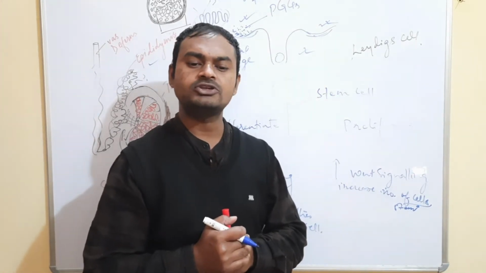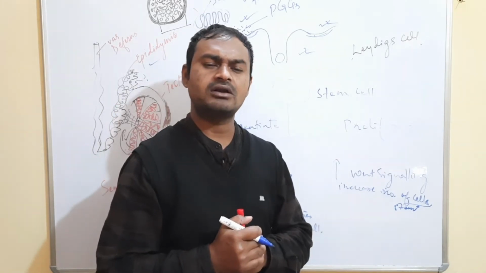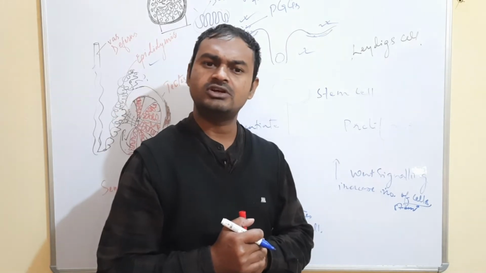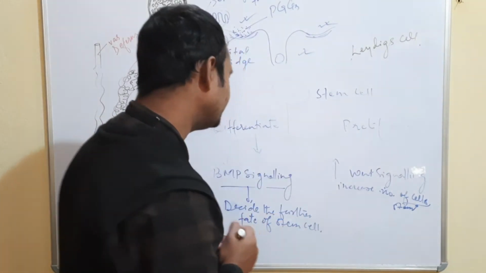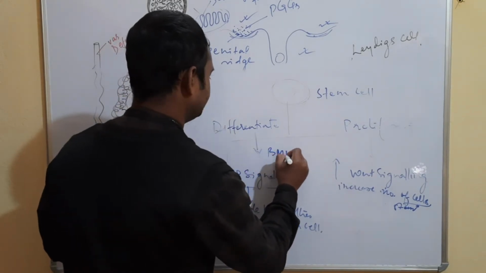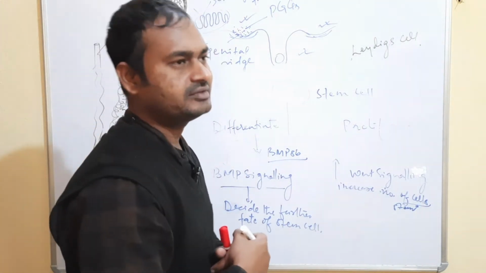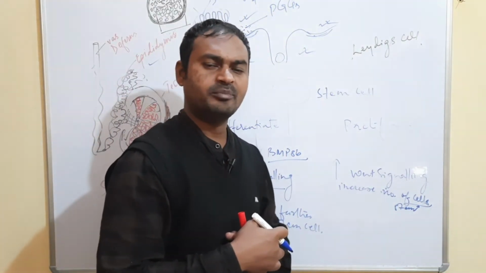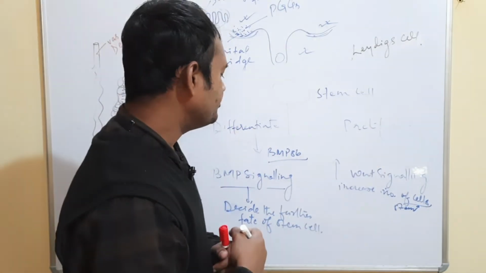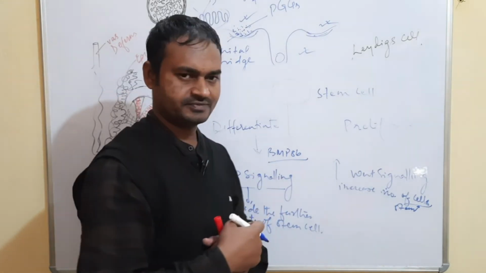Now the question arises, which type of BMP protein is responsible for the differentiation of the stem cell? That is called BMP8B. This is the subtype of the BMP protein which is responsible for the actual differentiation of these stem cells.